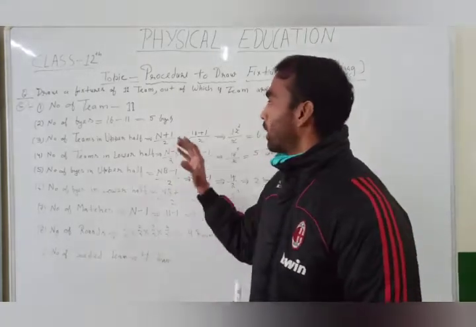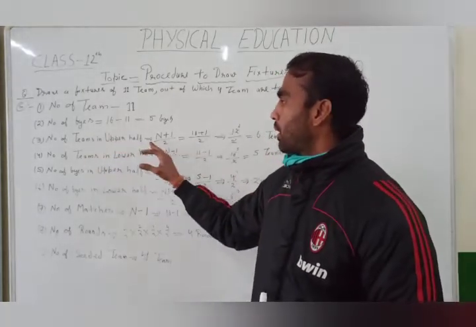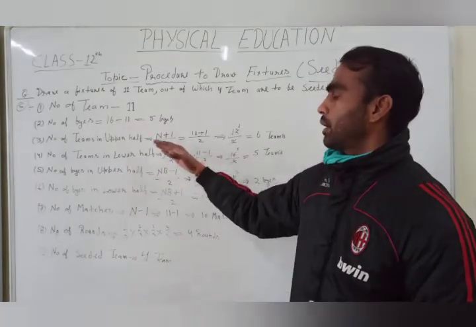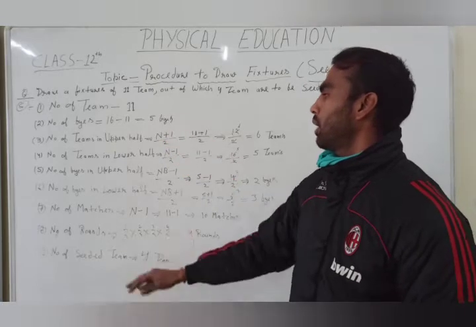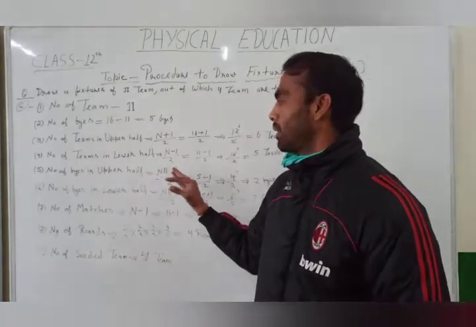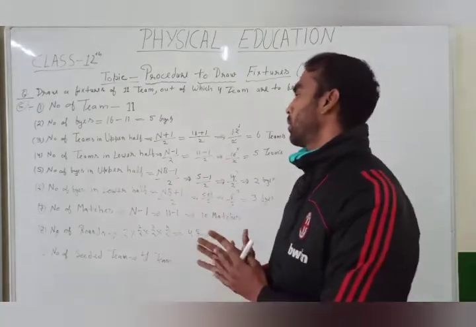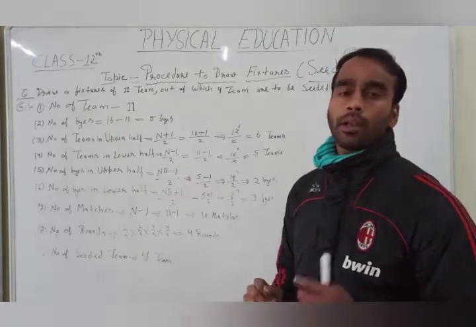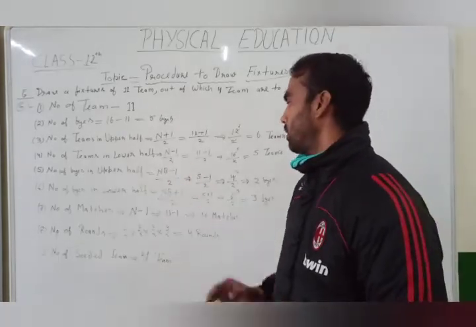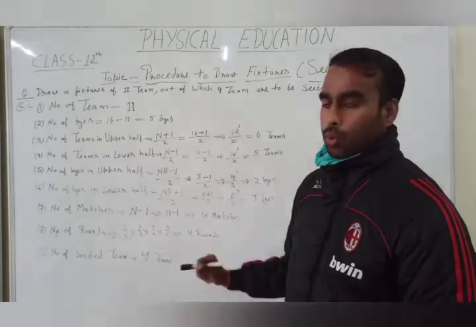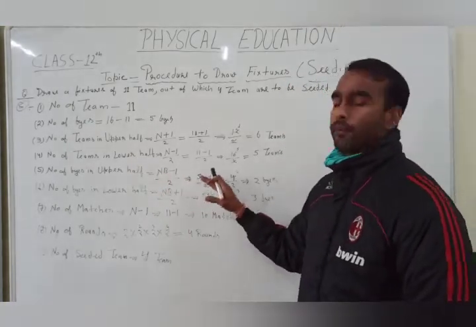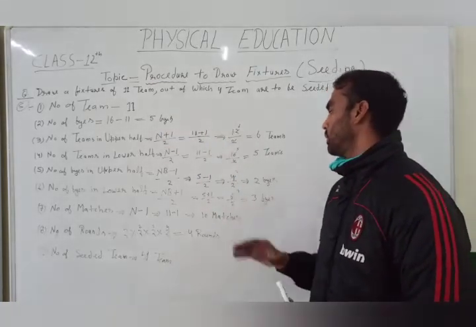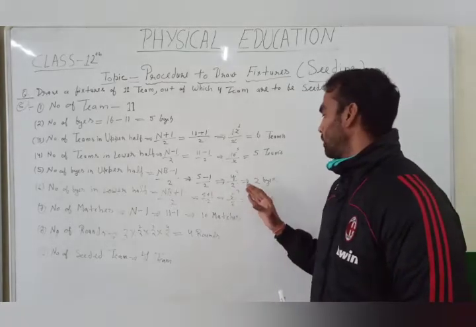Between the number of teams and the number of byes, there is a difference: for the teams in the upper half there is a plus sign and for the byes in the upper half there is a minus sign. NB means number of byes minus 1, upon 2. So the number of byes is 5, (5 minus 1) upon 2 is equal to 4 upon 2, equal to 2 byes.